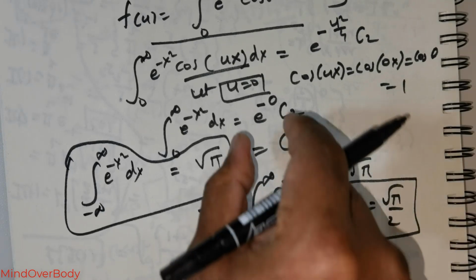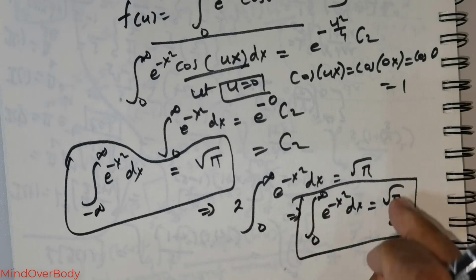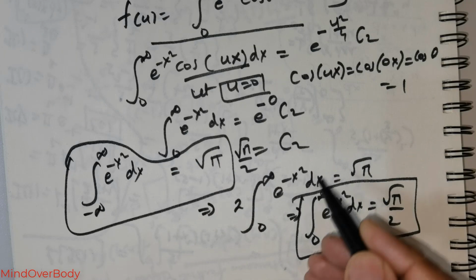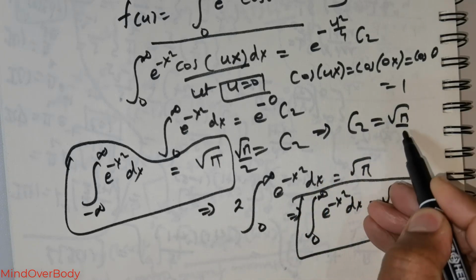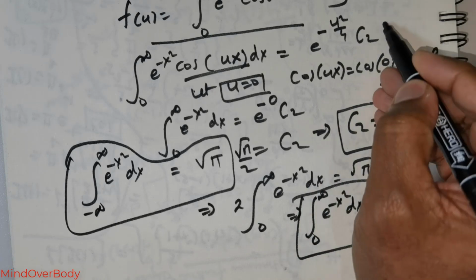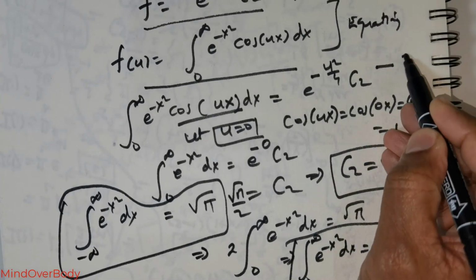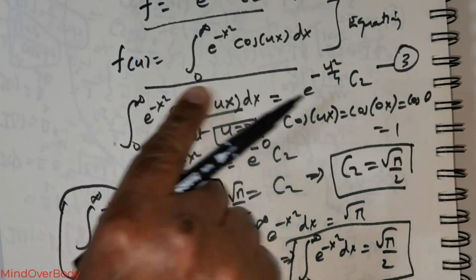So I can take this value and substitute it here. What I wish to do is take this value and place it here, root of pi over 2. So let me write it properly, c2 is equal to root of pi over 2. So if I were to take this as 3, take the value and place it here. So all that we need is to solve this, right?